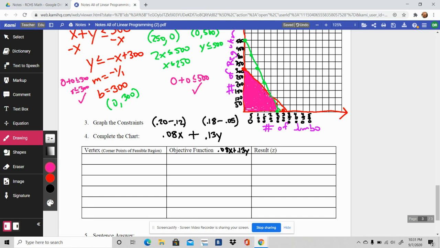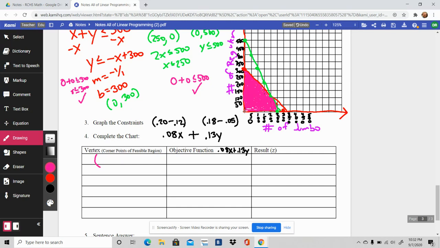And then here, where the green and the red intersected, and then back up to the y-intercept of that oven inequality. So we have 1, 2, 3, 4 sides. So we're going to have 4 corner points. 1, 2, 3, 4. Yes.